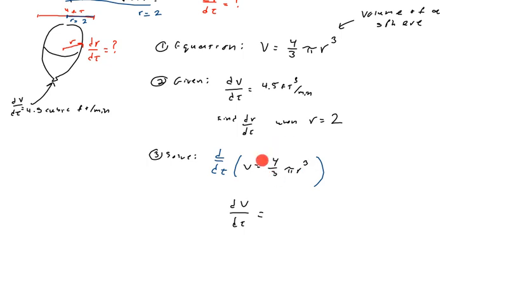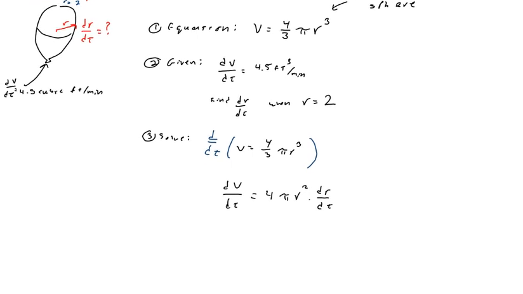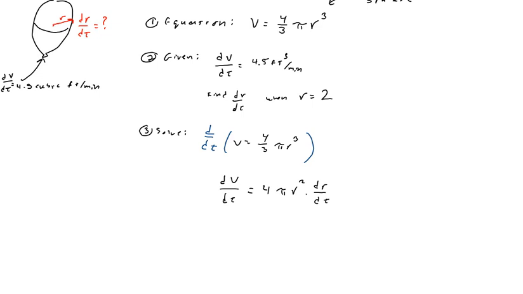So I'm just going to write 4 pi r squared, and then I need my dr dt. Don't forget your second implicit part. Don't forget the r needs a derivative too. Okay?